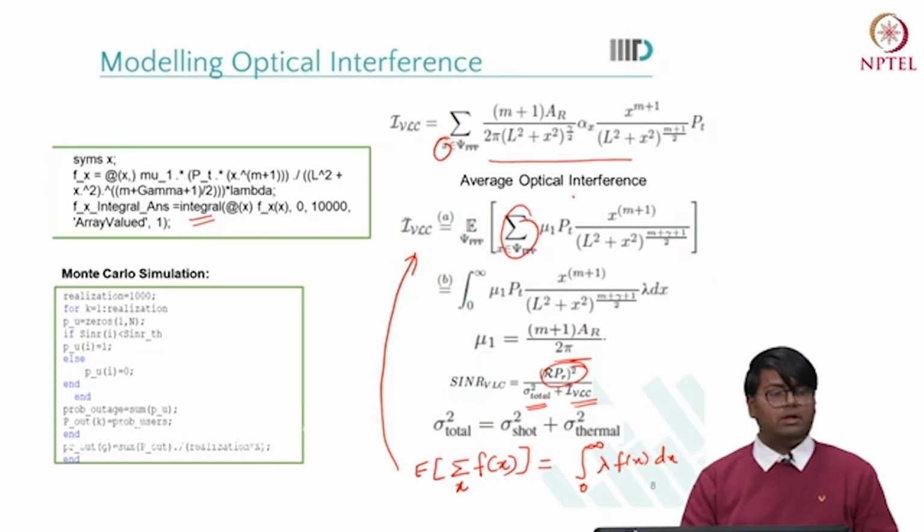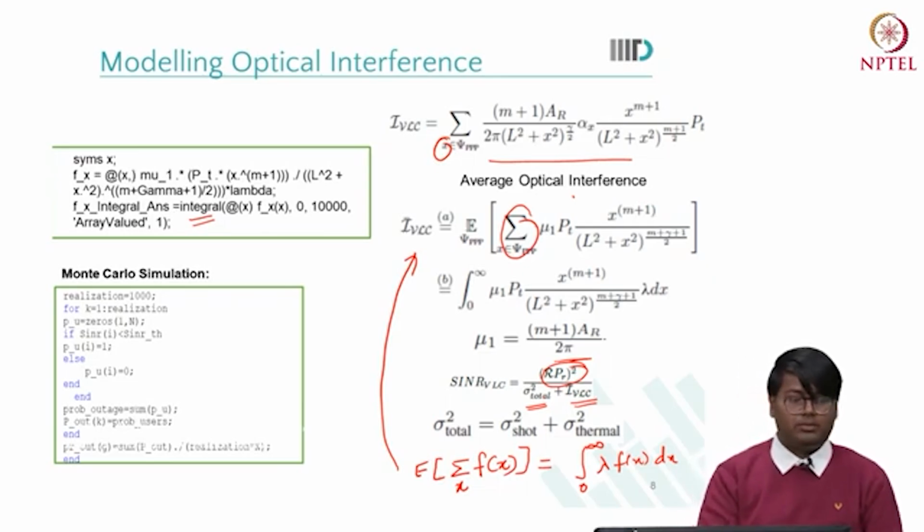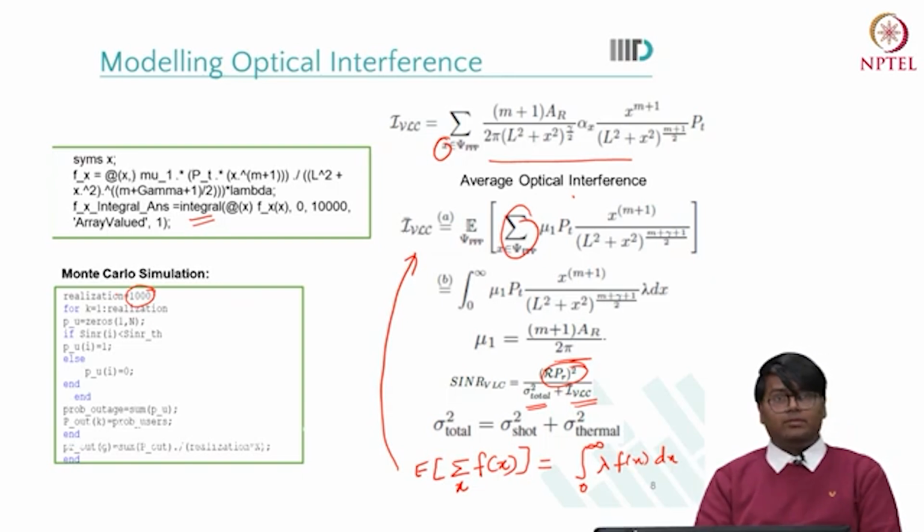These Monte Carlo simulations are performed by averaging over 1000 realizations of the Poisson point process and the channel fading parameters. It may be noted that the vehicles are deployed over a length of 10 kilometers.